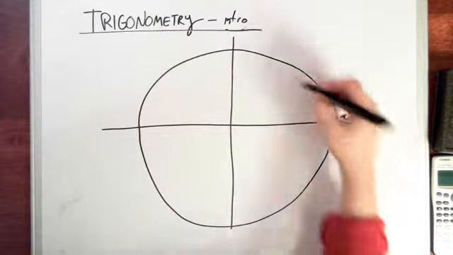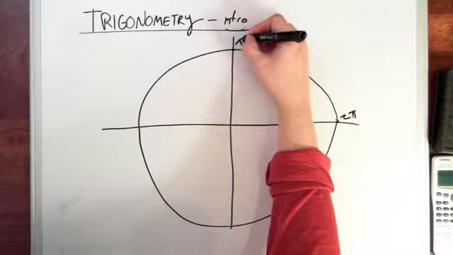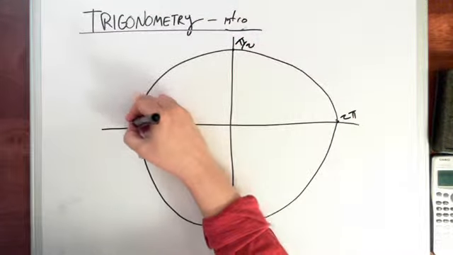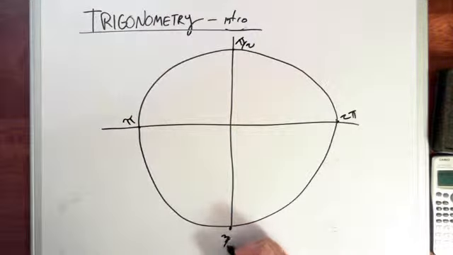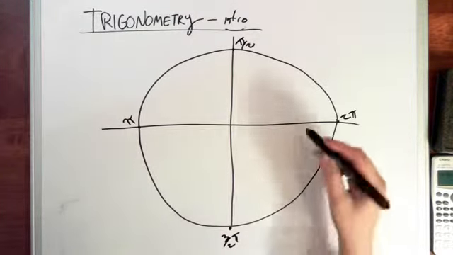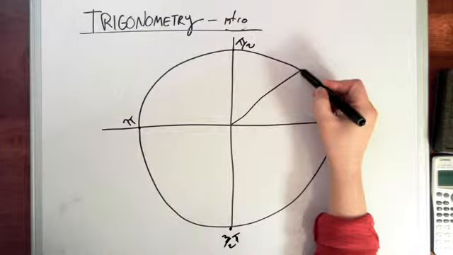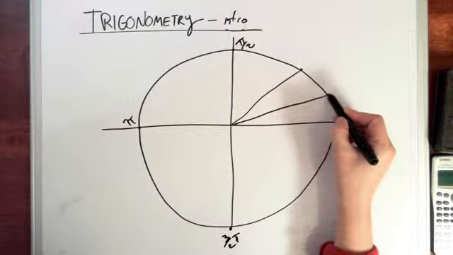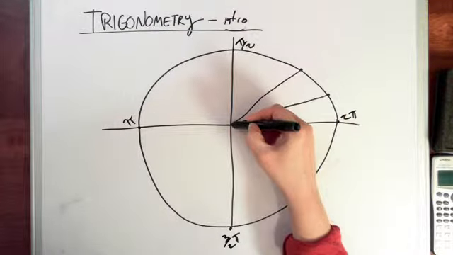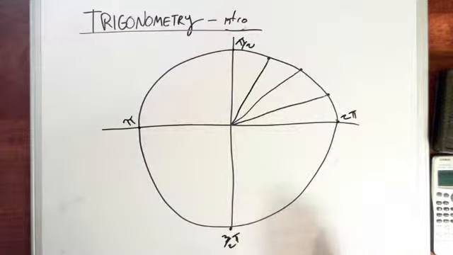Again, this is 2 pi, half pi, pi, 3/2 pi, and let's start with our angles we did here. We did 45 degrees, we did 30 degrees, and we did 60 degrees.